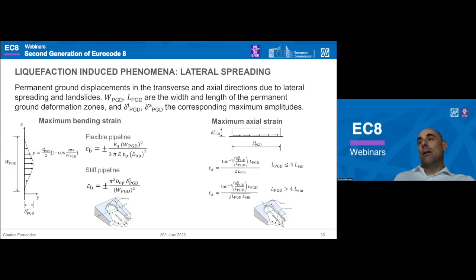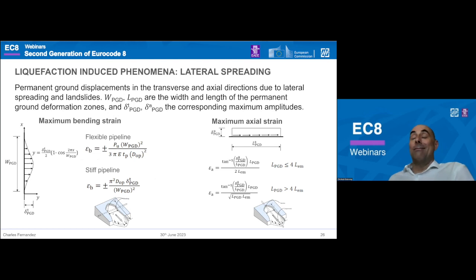So then we have the lateral spreading. Just to understand what is happening, here you see two figures. On the left, you have the problem with the bending of the pipeline, because the landslide is acting perpendicular to the pipeline, so you have bending stresses.